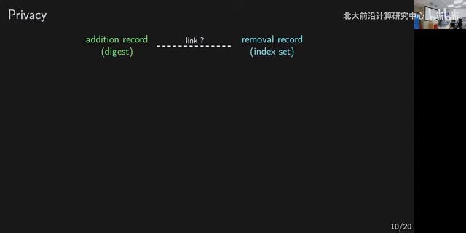For now, let's look at privacy, because the privacy is not perfect. The thing that you need to link if you want to break privacy is removal records to the addition records that generated them, because they correspond to the same item.